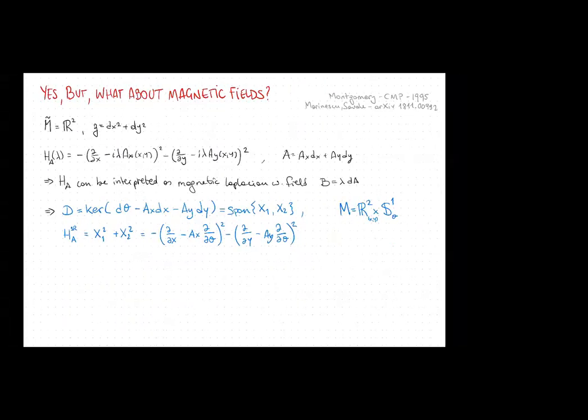Let's repeat the trick that we did for the Heisenberg-Laplacian. In that case, we had those coefficients here times the x and those coefficients here times the y, and then we were doing dz minus the first thing minus the second thing equals 0. Let's just brutally do it. What happens? Let's define the distribution as the kernel of this object.